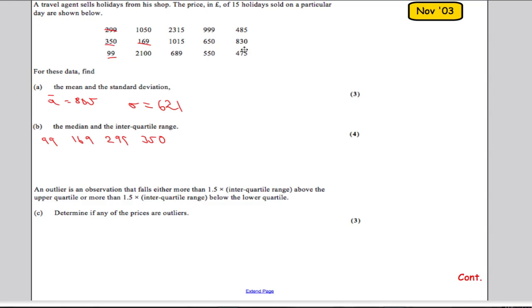Any more 300s? No. 400s: 485 and 475, so 475 first, then 485. Any in the 500s? So we got 550. Any more 500s? No. 600s: so we got 650, 689.